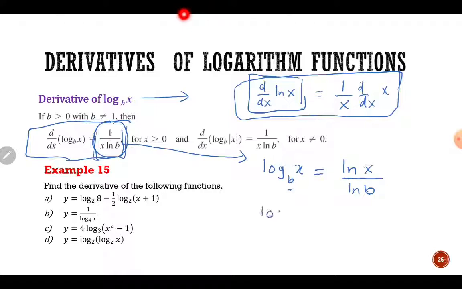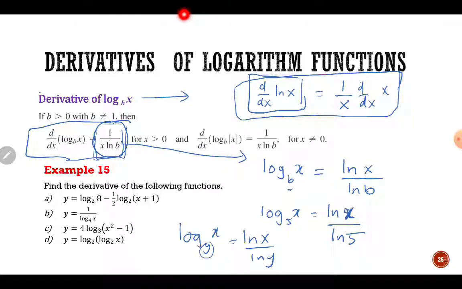Katakanlah kita kata log x base 5. So dia punya formula ditukar jadi ln, dia akan jadi ln x per ln 5. Ataupun log x base y. So dia akan jadi ln x over ln y. Jangan tertukar. Yang base ni dibahagikan dengan ln y.